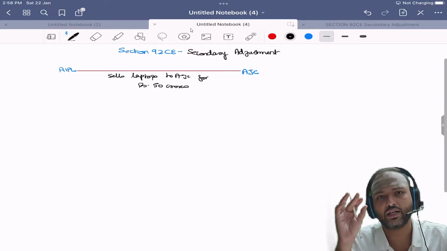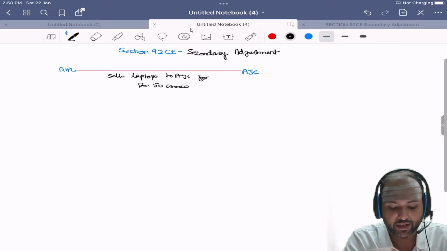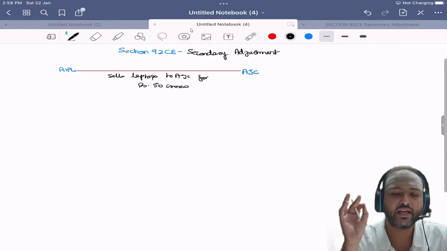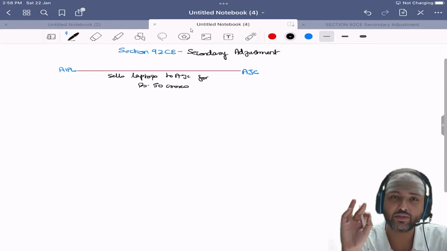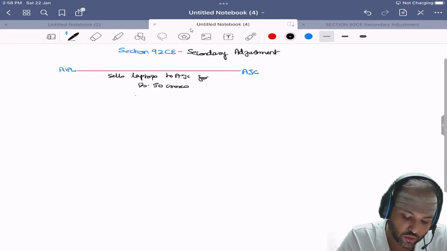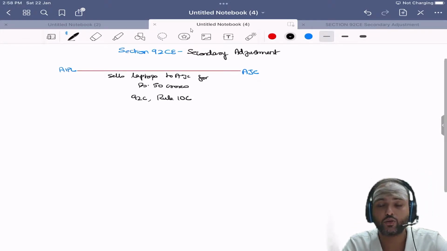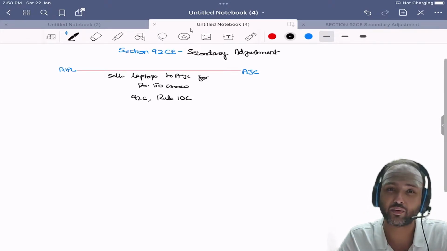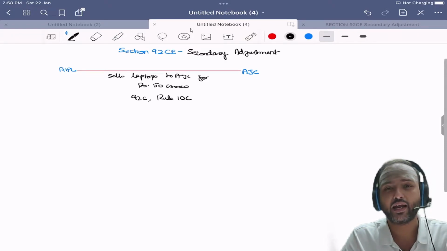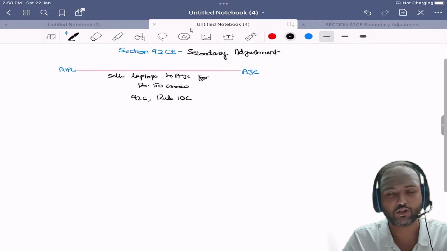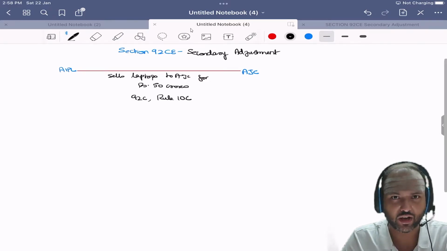Now for this year, the assessing officer has picked up AIPL's assessment, and he has worked out the arm's length price under section 92C read with rule 10C. So this is what we have already seen earlier. Section 92C talks about the various methods of determining arm's length price, and then rule 10C talks about the most appropriate method which has to be considered for the purpose of determination of arm's length price.